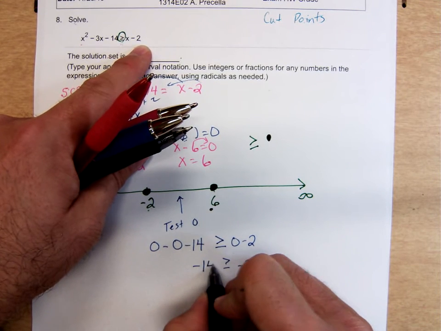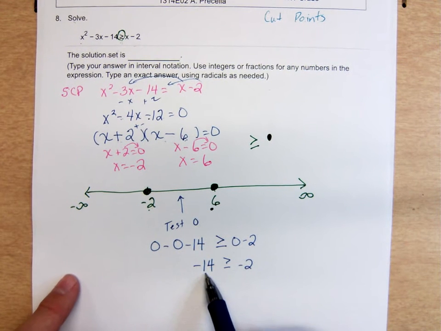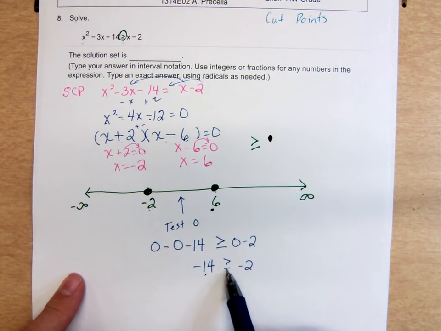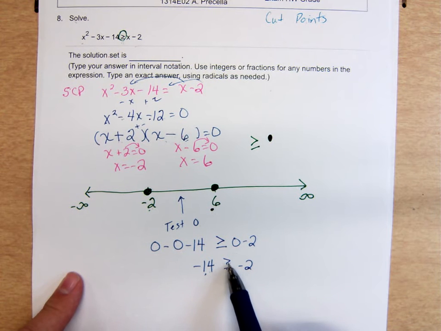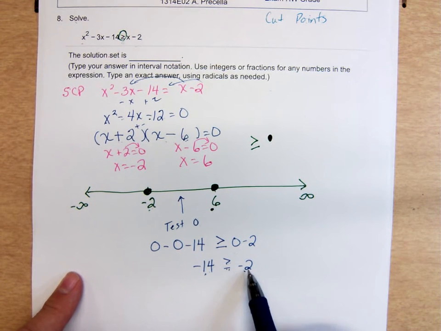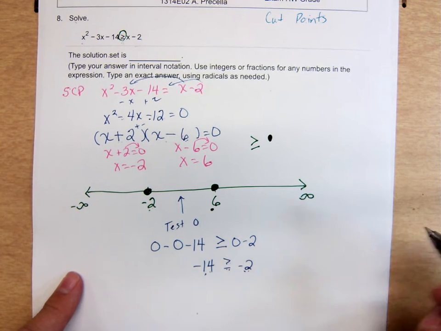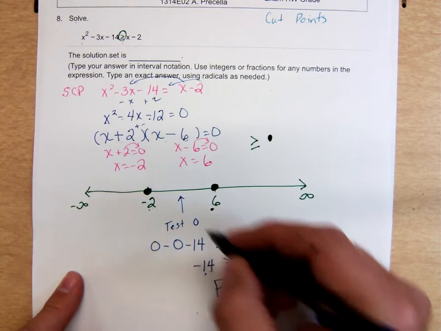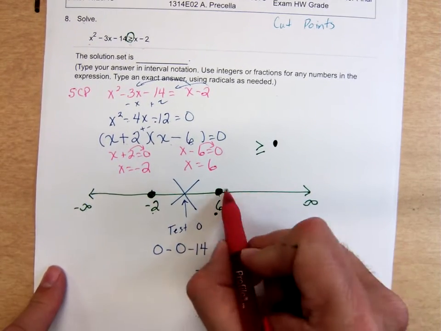Ooh, sometimes students have trouble with the negatives. Negative 14 is greater than or equal to negative 2. It's sure not equal. Is it bigger? No. Negative 14 is not bigger than negative 2. It'd be better to have negative $2 in your account than negative $14. So this is false. So shade.